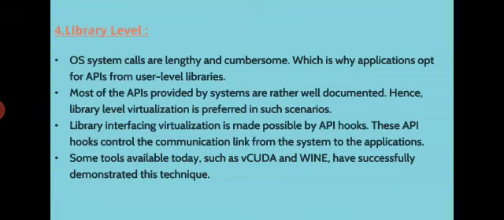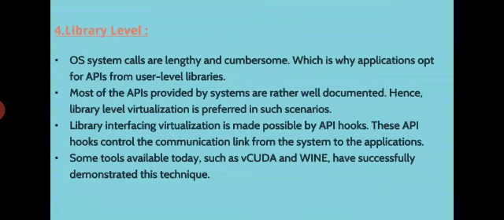What does library level mean? Most applications use application programming interfaces exported by user level libraries rather than lengthy system calls by the operating system. Since most systems provide well documented application programming interfaces, such an interface becomes another candidate for virtualization.